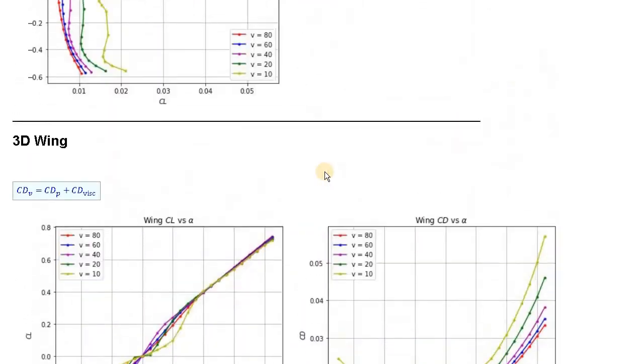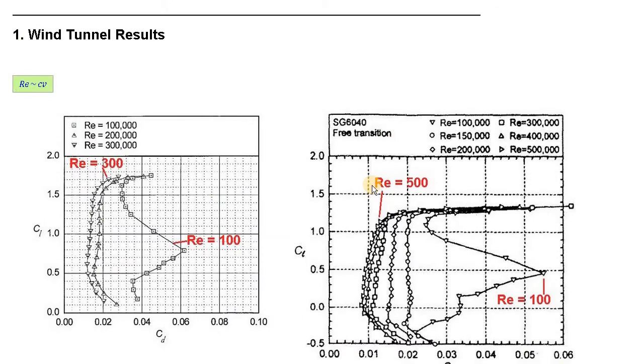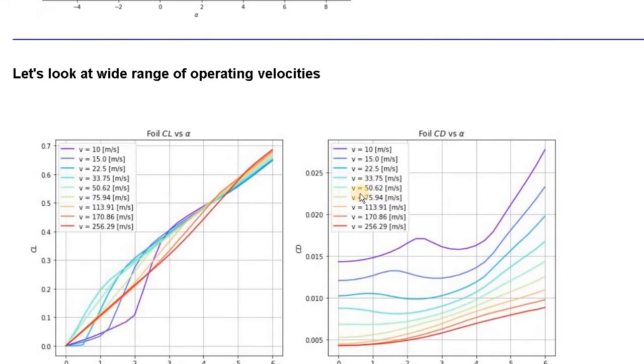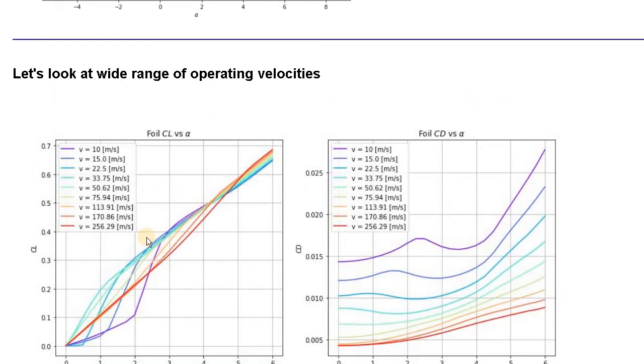I got the same result as in the wind tunnel data, and I was thinking maybe it's because I haven't looked at a wide range of operation. So I decided to plot those graphs for a very wide range, with speed going from 10 meters per second up to almost the speed of sound.